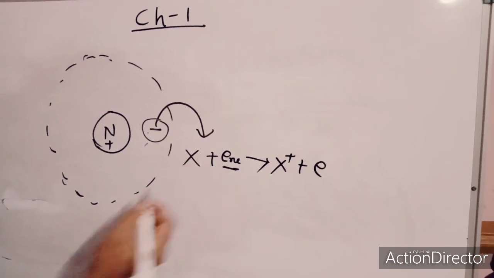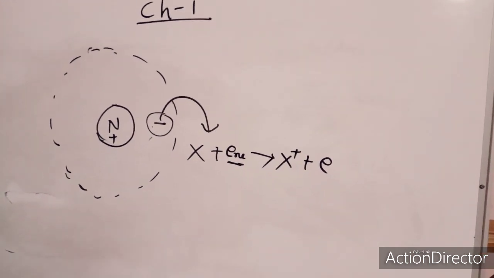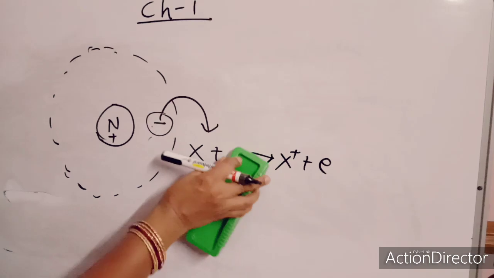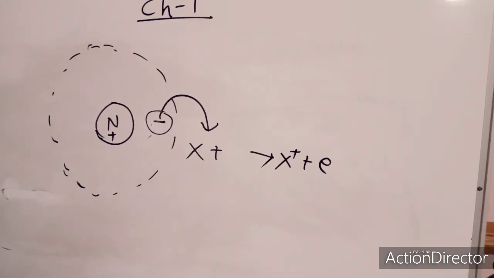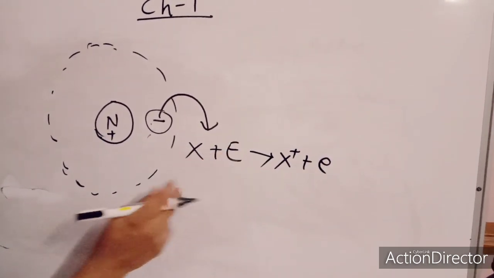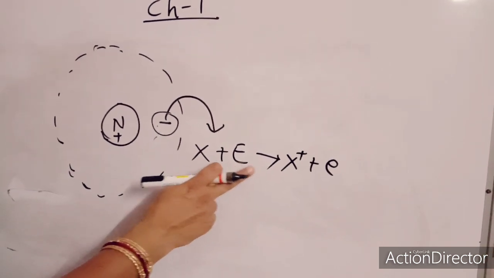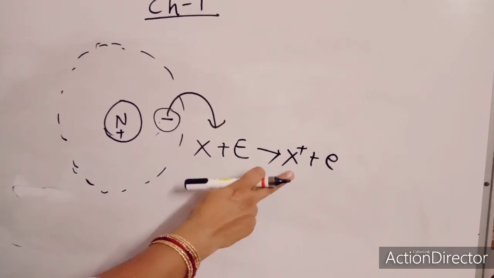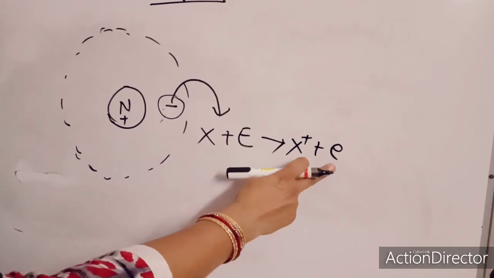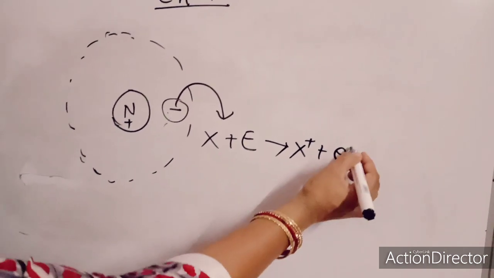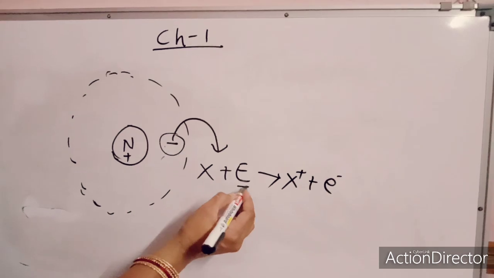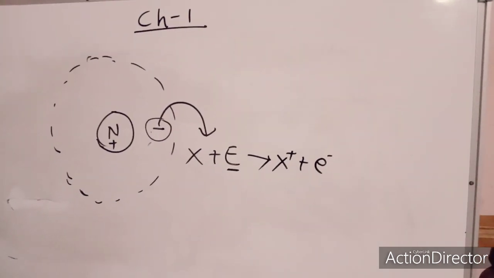Here I am writing energy in this form, or you can write it as a capital E. So the element, when you are giving some energy, is giving the unipositive charge along with this electron. This one is known as your ionization potential.